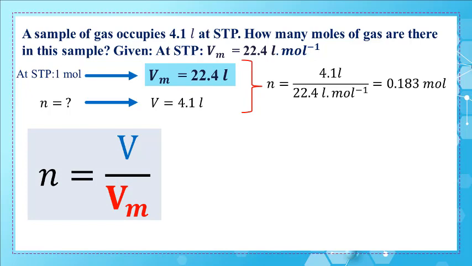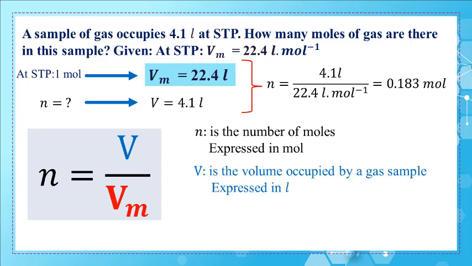So, n equals V over Vm, where n is the number of moles expressed in mole, V is the volume occupied by a gas sample expressed in liters, and Vm is the molar volume expressed in liters per mole.